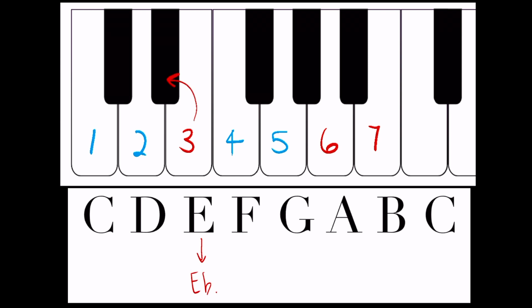We're going to leave the fourth alone, we're going to leave the fifth alone, we're going to track down our sixth note, our A, pull it back one semitone to make it A flat, our minor sixth now, and then we're going to grab our major seventh, our B, again, pull it back one semitone to B flat, and now we have our minor seventh. So we've gone from our C major scale here to our C natural minor scale here.